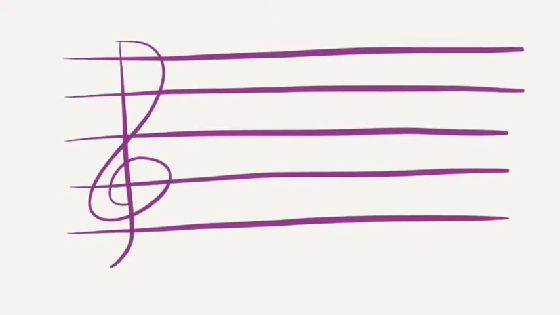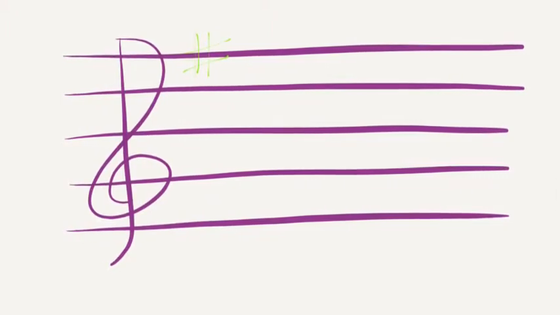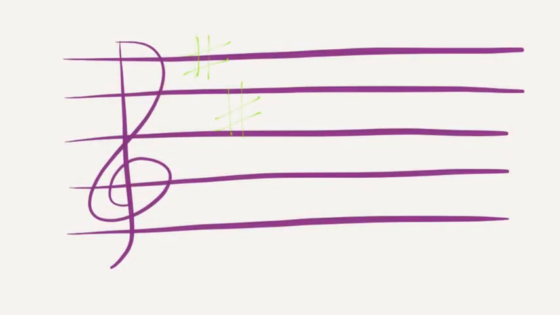Here is a visual representation of a sharp key signature. Remember that the sharp signs will always go after the clef sign. Just like in our order, F sharp is the first sharp. C sharp is always second.